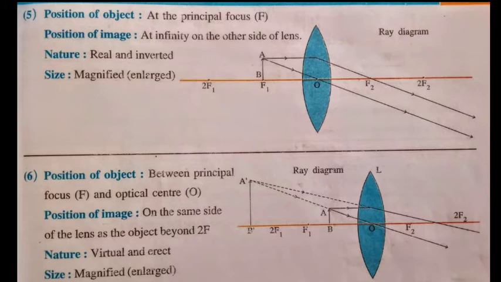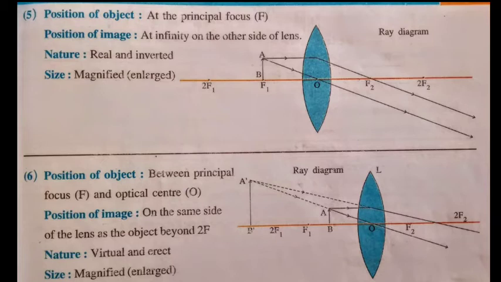As you can see from the figure, one ray passes through the focus F2, and the other ray passes directly through the optical center O, and these two rays become parallel to each other because you have put the object at the focus. So the position of the image is at infinity on the other side of the lens. We get a real and inverted image. The size of the image is again magnified, enlarged.